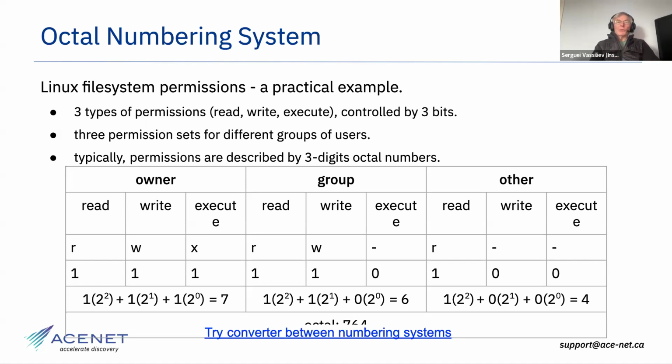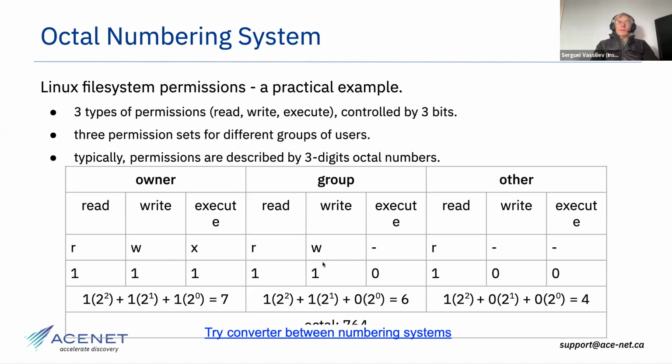So let's take a quick look. 725 is the right answer. Well, the first digit is clear. All three permissions are set, all three bits are turned on, so that's 7. What about write permission? Should it be 6?